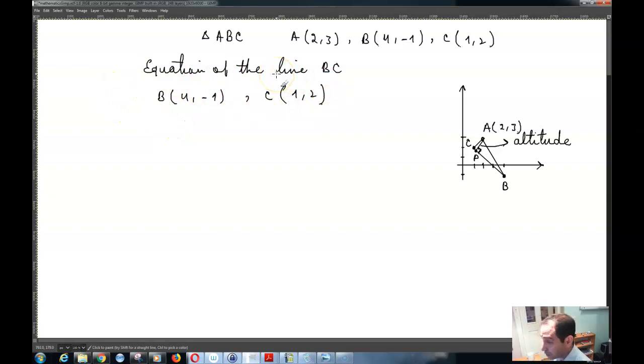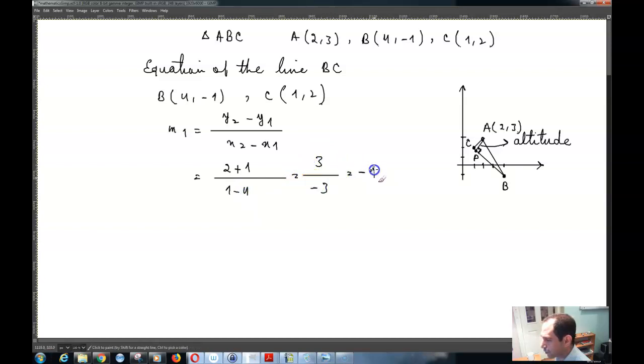The slope, let's call it m1, is equal to (y2 minus y1) over (x2 minus x1), which is equal to (2 plus 1) over (1 minus 4), which is 3 over -3, which is equal to -1.